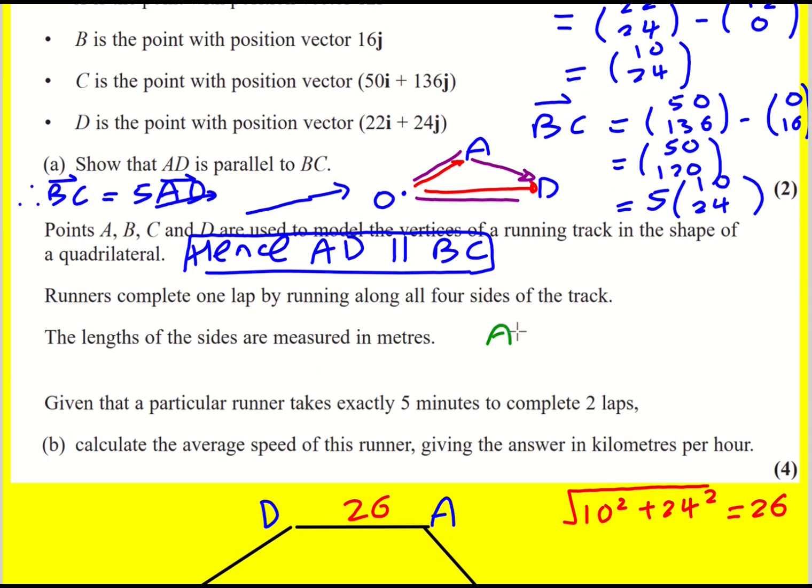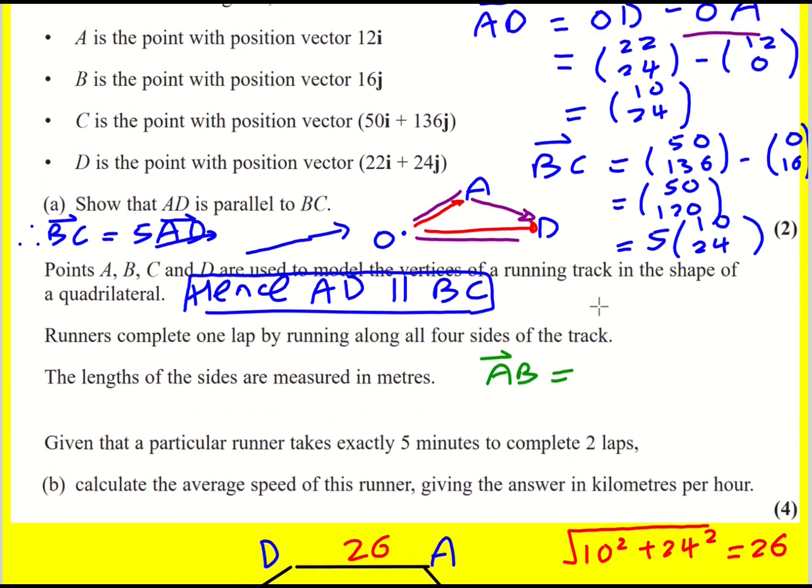So AB or BA, you can find either one, is going to be OB, that's (0, 16), minus (12, 0). So I get (minus 12, 16). We'll work out the length of that in a minute.